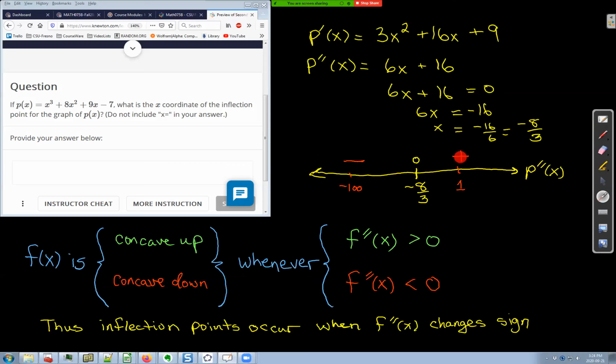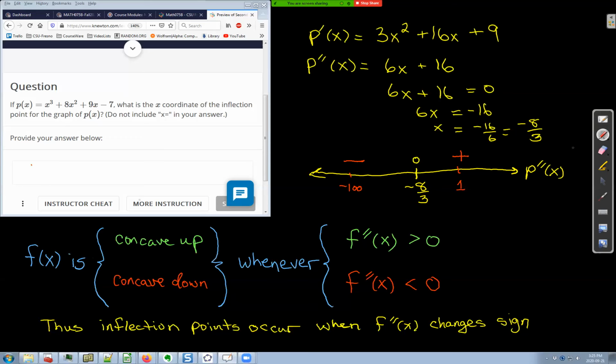And the fact that this is positive means that the original function is concave up for all numbers bigger than -8/3, because the second derivative is positive for all numbers bigger than -8/3. So sure enough, we have a change in sign. The second derivative changed from negative to positive at -8/3. And that's exactly what we need in order to be an inflection point.